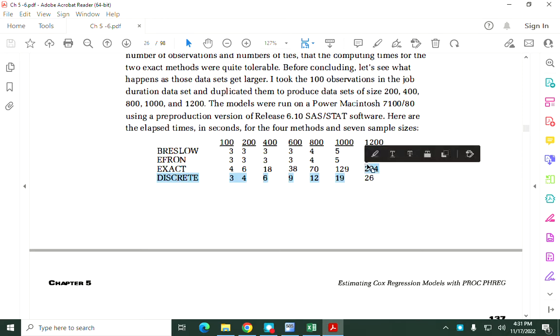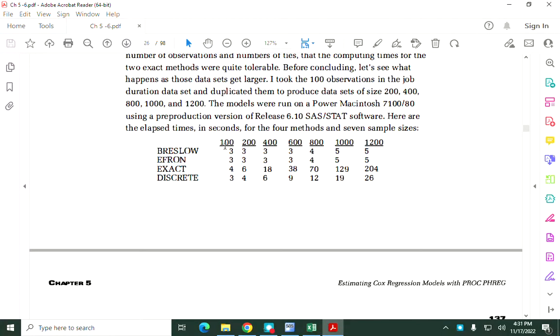Exact, 204 seconds to deal with our data set. Okay? Discrete, 26 seconds to deal with the data set. And Breslow and Efron increase in a linear fashion, 3 seconds, 4 seconds.